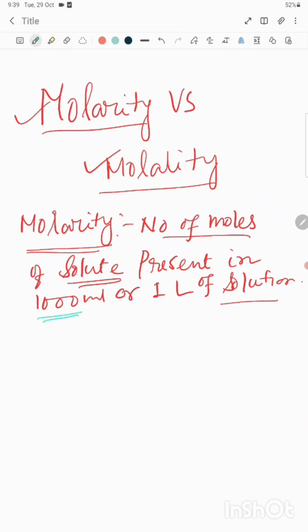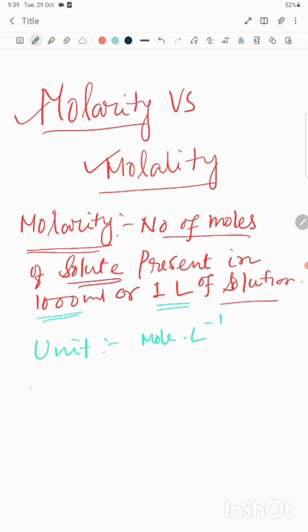That is, here volume, actually mole per volume. So what is the unit? Unit is mole per liter, mol L inverse.